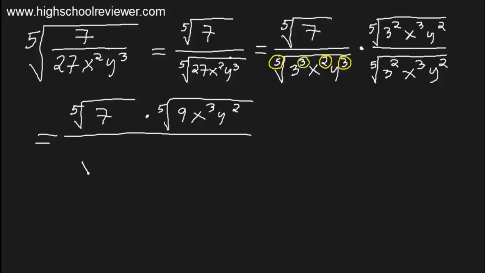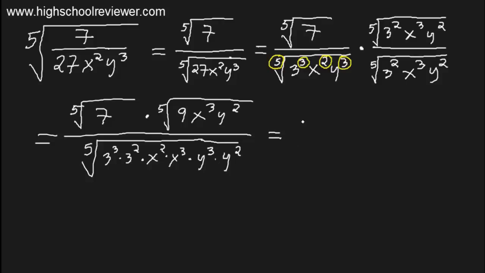We can now combine the denominators. This will be the fifth root of 3 raised to 3 multiplied by 3 raised to 2, times x raised to 2 times x raised to 3, times y raised to 3 times y raised to 2.